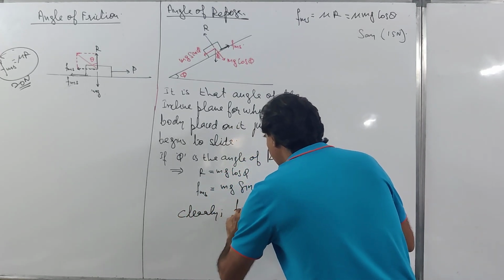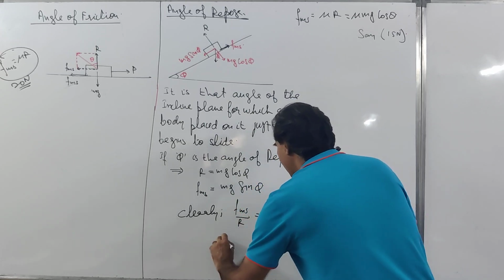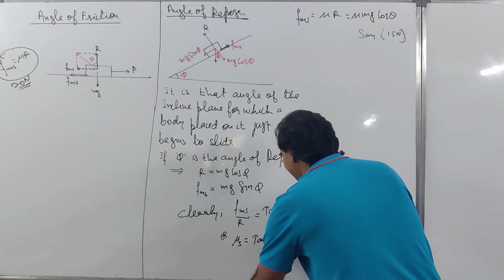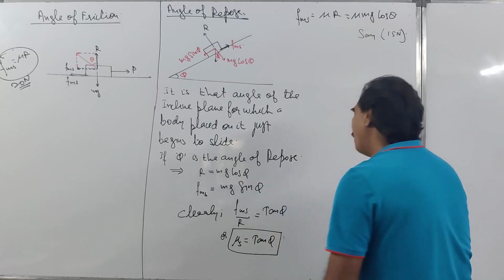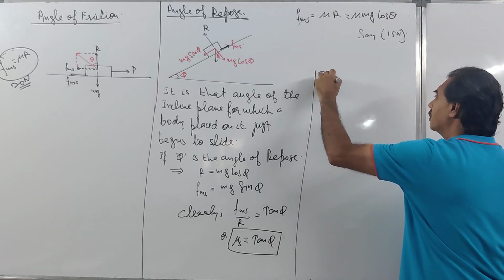Clearly, fms over r is tangent phi, or mu s is equal to tangent phi. The coefficient of friction is equal to the tangent of angle of repose.